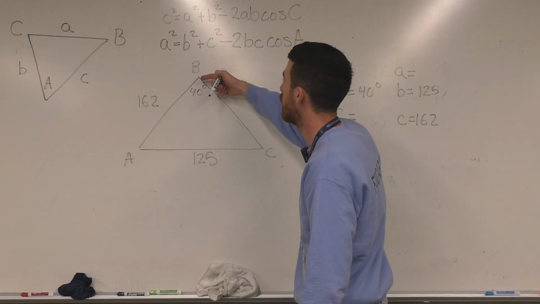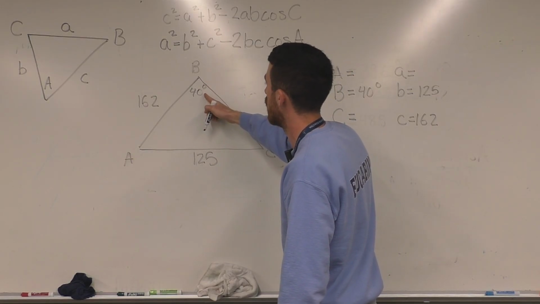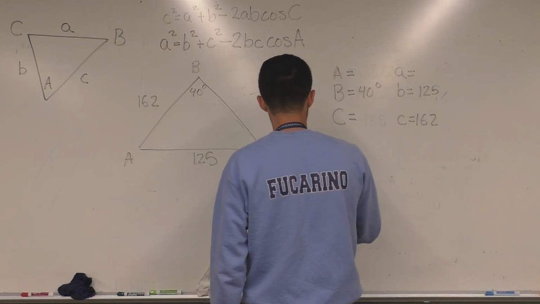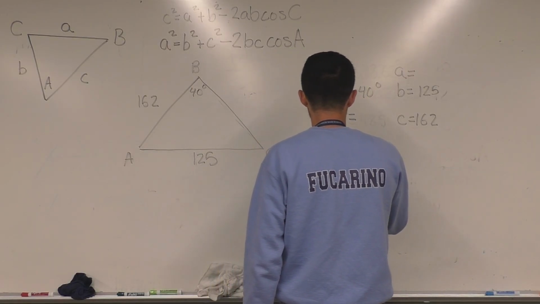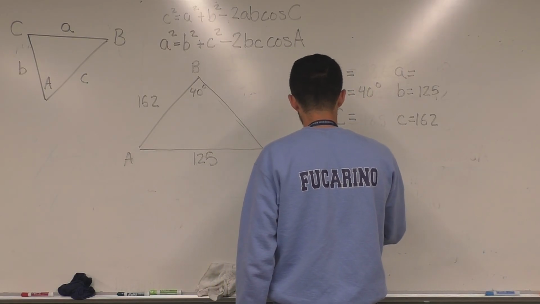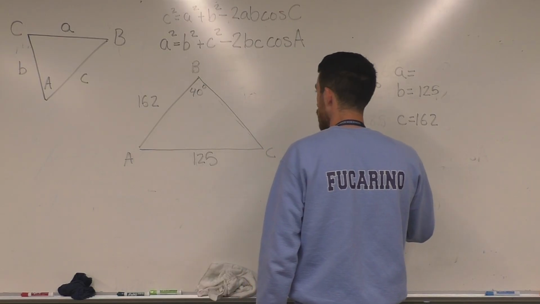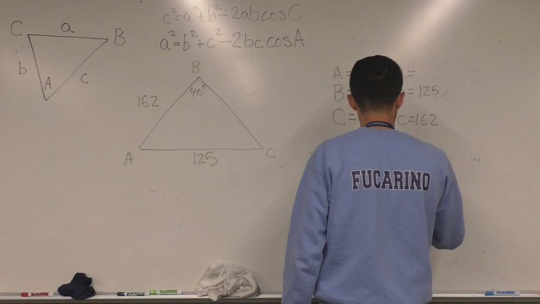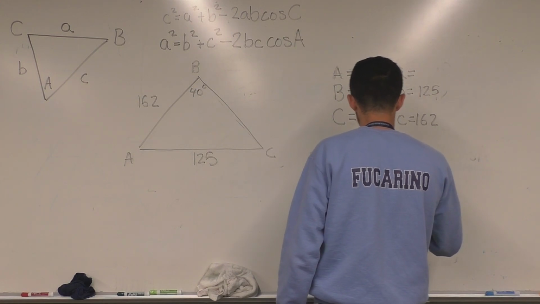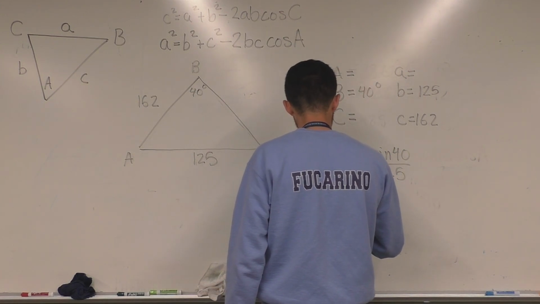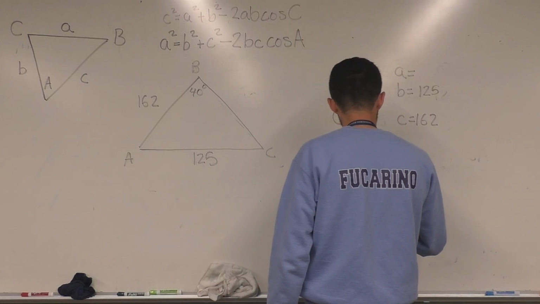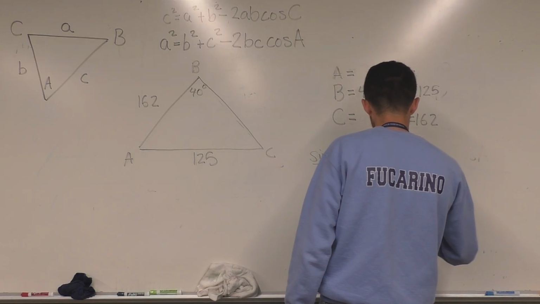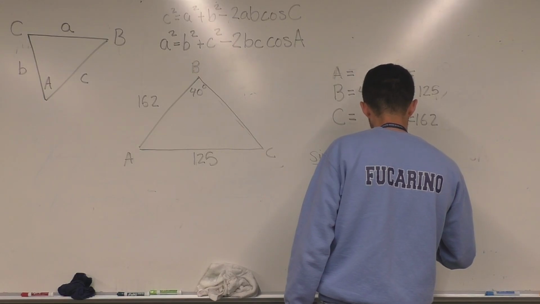And since I have the two relevant, the angle inside for angle B, I'm looking at angle C. So sine of C over 162, sine of 40 over 125. So sine of C is 162 sine of 40 divided by 125.